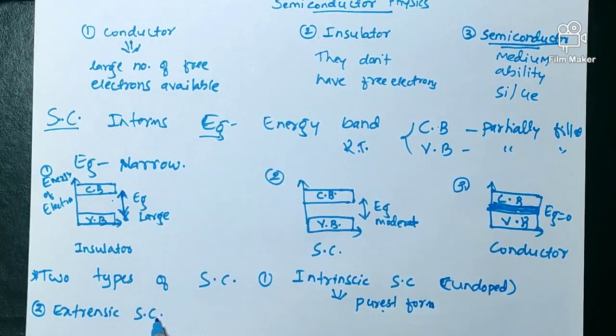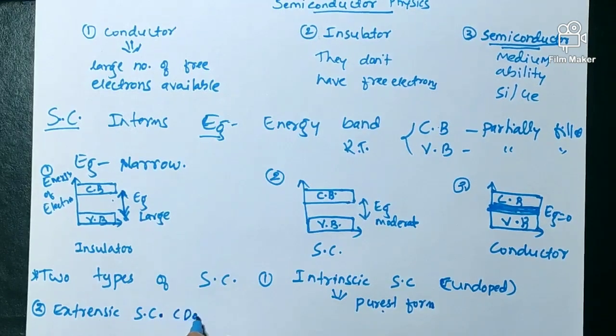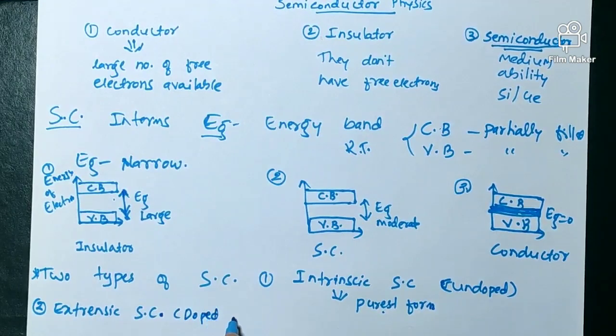But the extrinsic semiconductor, we can also call a doped semiconductor. Here, by adding a dopant, we can change the conductivity of a semiconductor significantly.